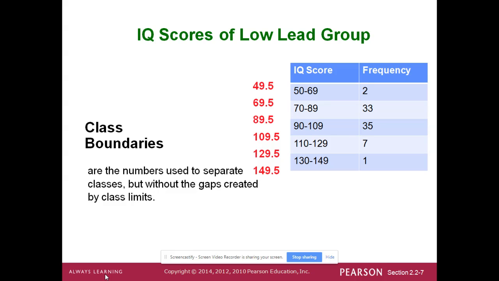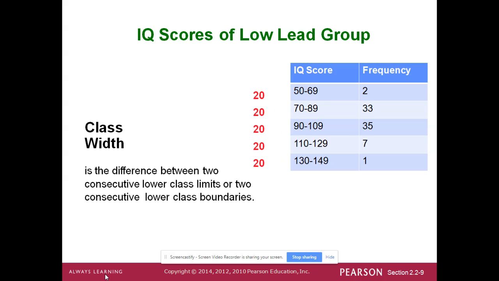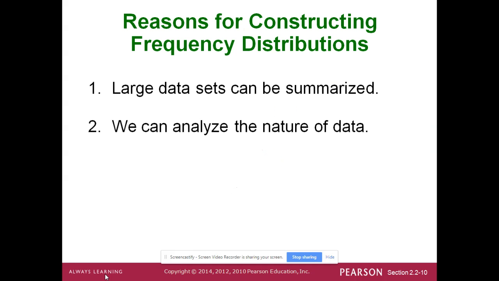A frequency distribution makes that an easy and quick assessment. We know most people are going to be somewhere between 70 and 109 as an IQ. We can figure that the average is probably somewhere around 90 to 95, based on those numbers. So we can analyze the nature of the data, summarize, and make those assessments fairly quickly.